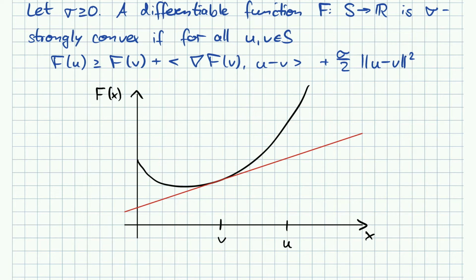So this is why I call this capital F. Now at this point u, this function capital F is not only above its tangent here, but it even is a little away from it, namely this much here. And we say that this has to be at least sigma over 2 times the norm of u minus v squared. So this here will be 0 if u is equal to v, but the further they are apart, the bigger this becomes, and so the further we should be away here.